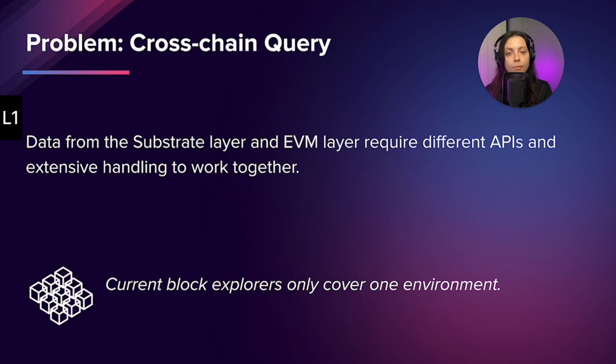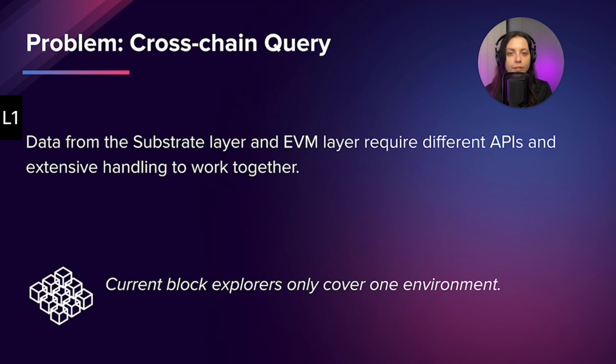Another problem that DApp developers have is that it's quite hard to query data across different chains. Every chain has its own protocol, its own APIs, data structure, and they're not really compatible. And this is a huge struggle. In the context of Moonbeam, we are looking at two different data layers.